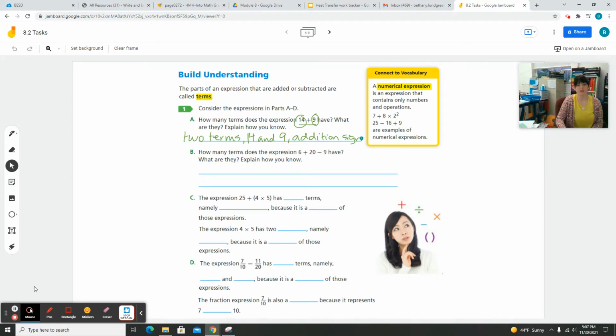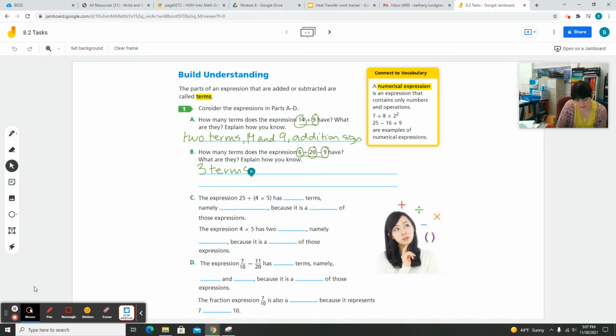Okay. All right, part B. How many terms does the expression 6 plus 20 minus 9 have? Well, terms are separated by an addition or subtraction sign. So that means we have one here, and one here. So we have 3 terms.